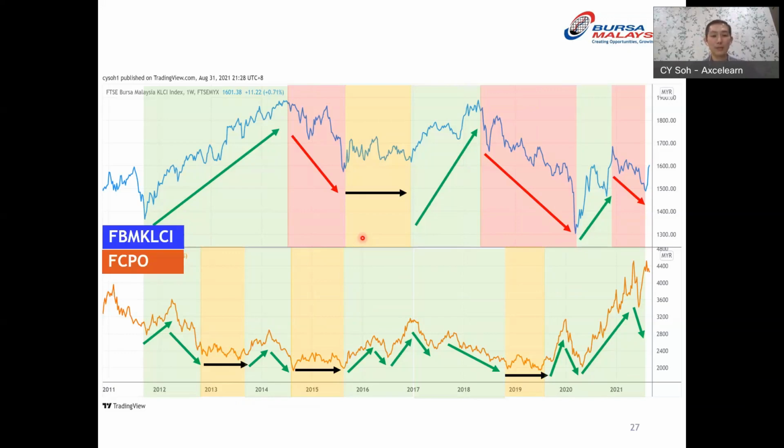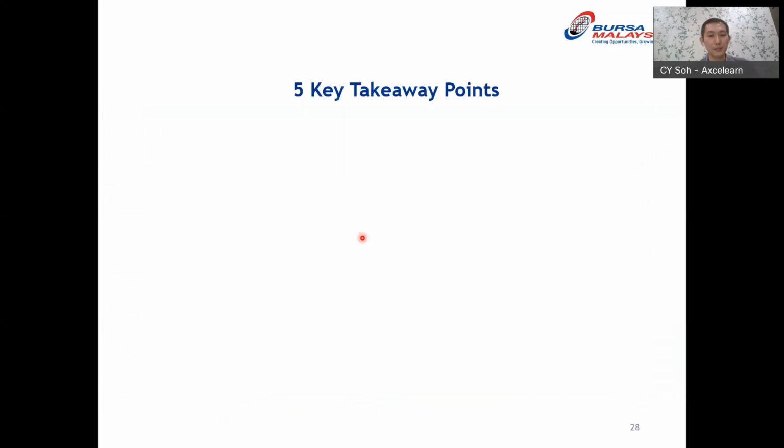Today I've shared some trading ideas and why, by just adding FCPO into your portfolio, you can have a lot of diversification benefits, because FCPO and the stock market have low correlation.